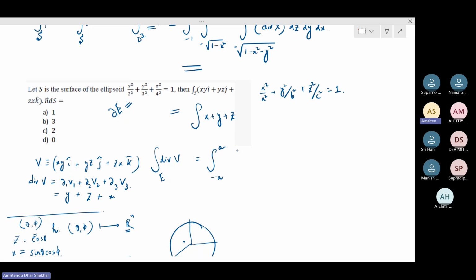Your y varies from minus b times the square root of 1 minus x squared by a squared to b times the square root of 1 minus x squared by a squared.